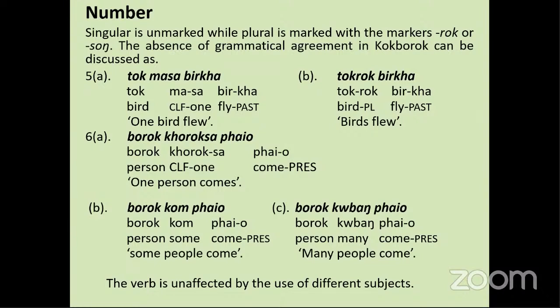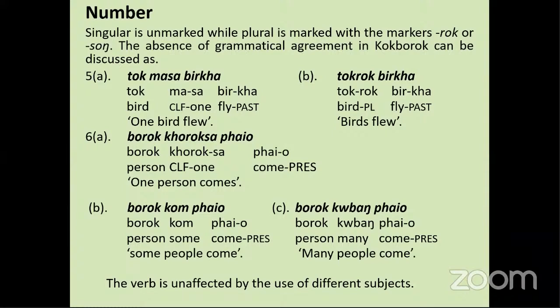It is seen from these sentences that the respective verb remains unchanged regardless of singular or plural arguments in the subject position, and the marker rok can be added to any noun except the proper noun to form the plural also.